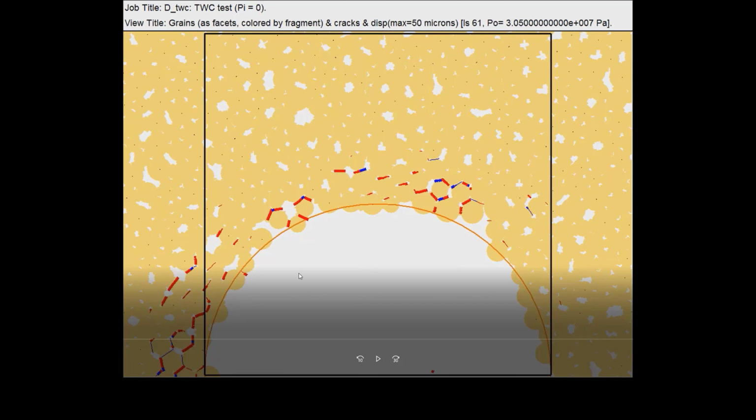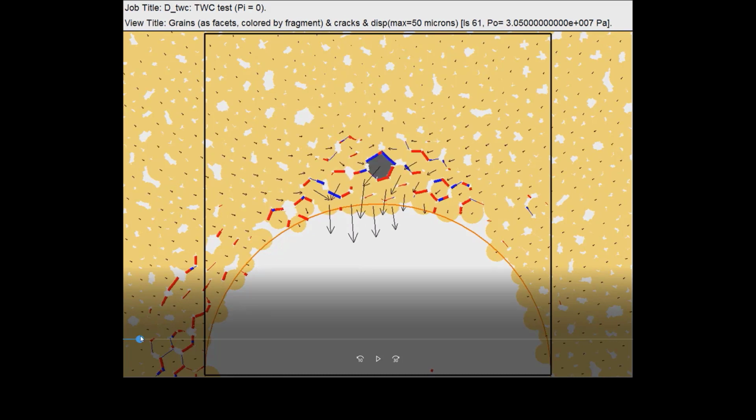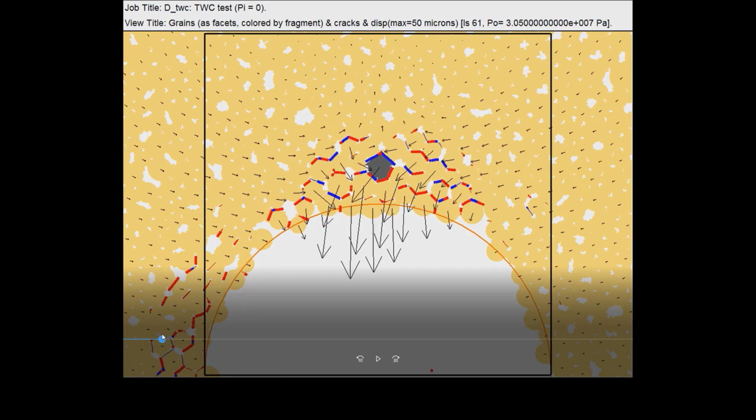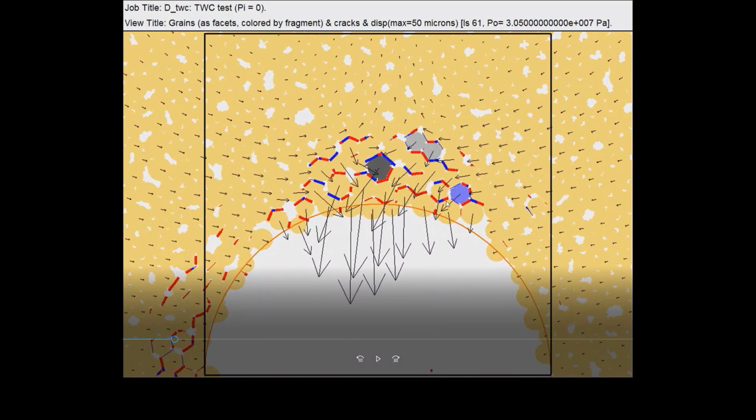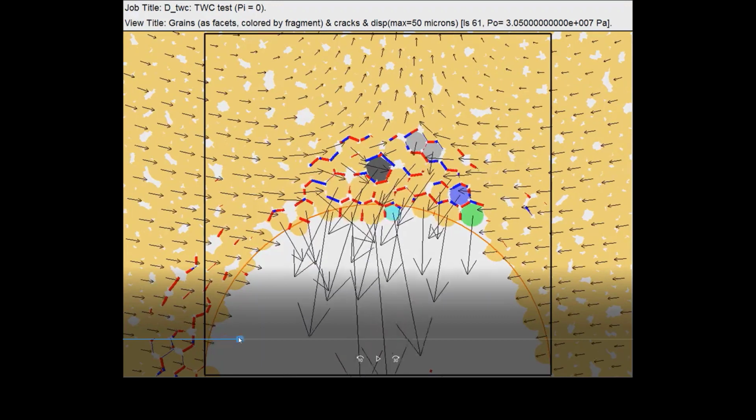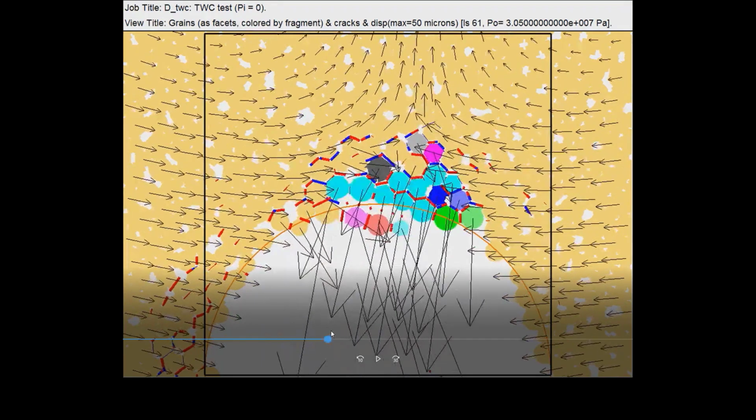Remember, the flat joint has a number of elements along it, so you can have partial damage. These are just partially damaged around their edges. If we start to increase the load, you're going to see the displacement field, and by the arrows, you're going to start to see more and more cracking. These cracks are oriented subparallel, so you're getting these fragments that are going to form.